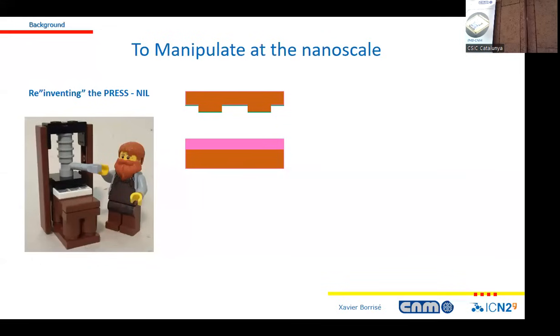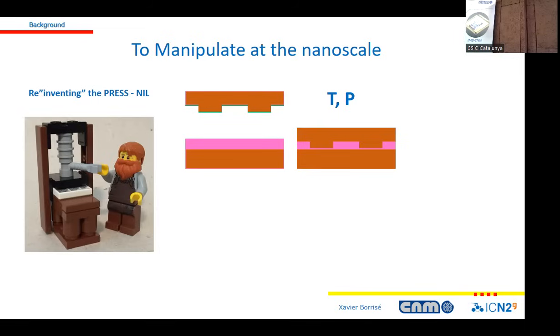This mold is coated with an anti-sticking layer because we are directly contacting the resist on our sample. Then we apply pressure and temperature so that the resist fills all the cavities when they are in contact with our mold.